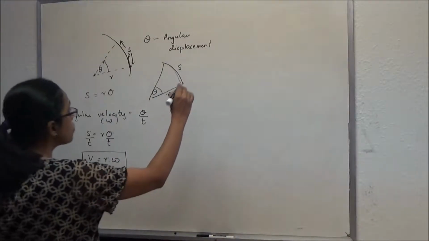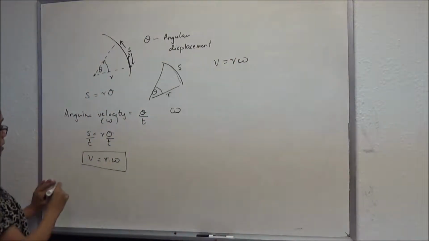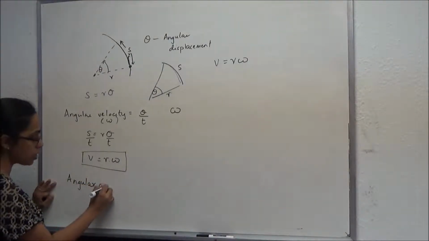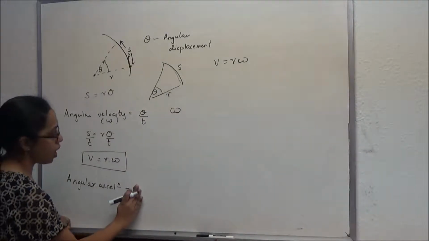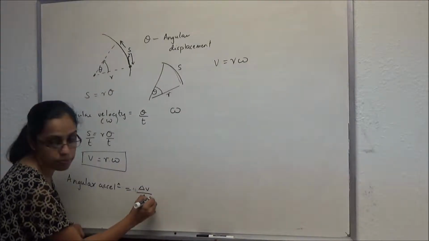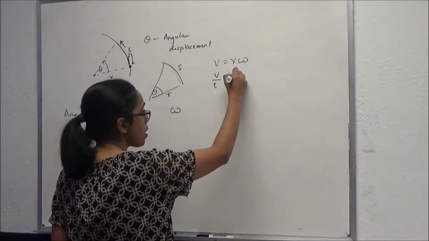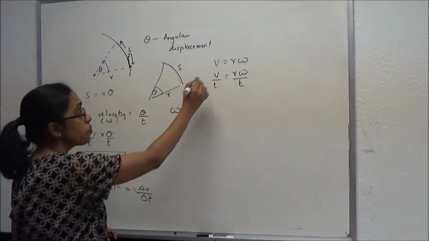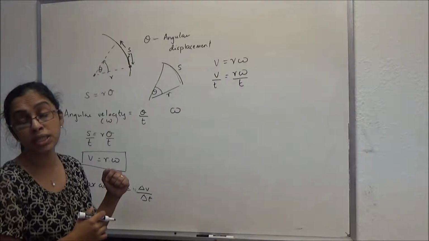Alright. Now I'm going to go further. Once again I'm going to take V equals R omega, and I'm going to introduce you to the next term, the angular acceleration. The angular acceleration equals, what would that be? Change in velocity over time. To the same equation, now I'm going to divide by t once again as I did before. So V over t would be, what would V over t be?